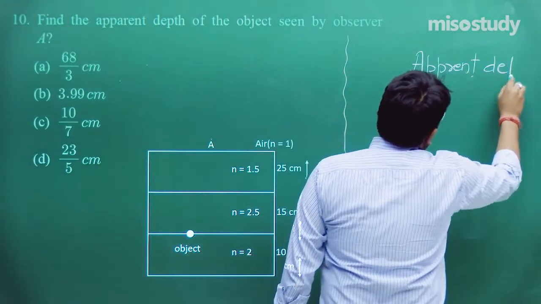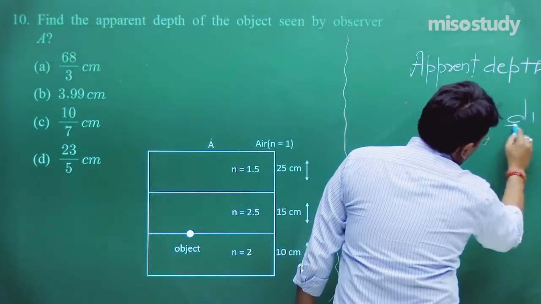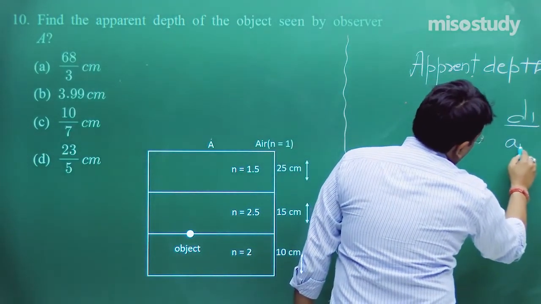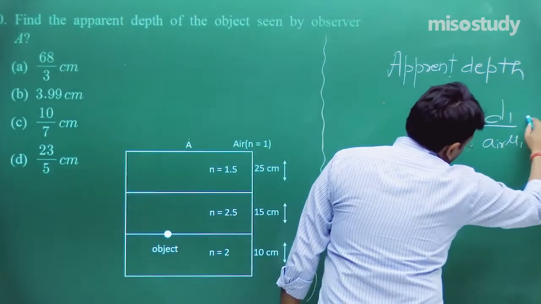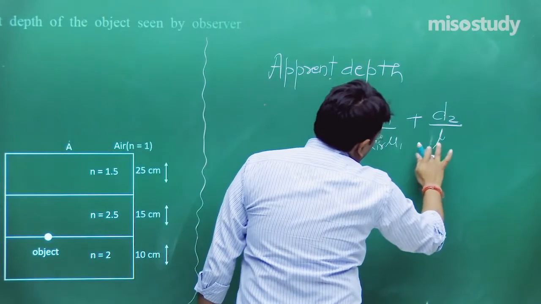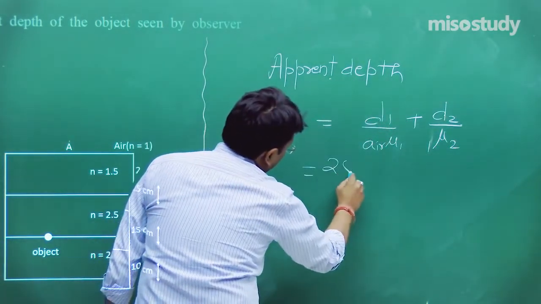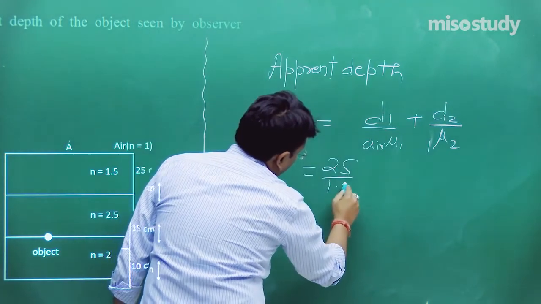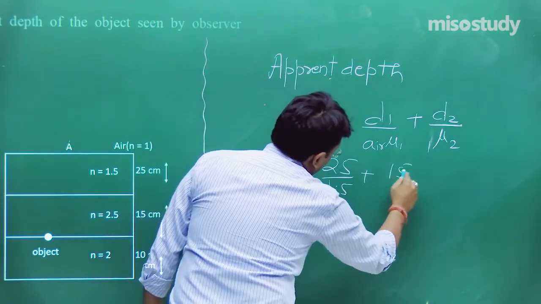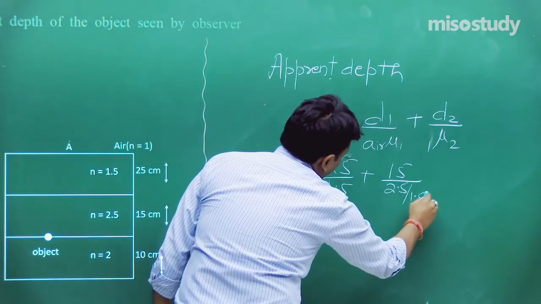depth is equal to d1 upon mu1 plus d2 upon mu2. Fine. Put the values, that is 25 upon 1.5 plus 15 upon 2.5 divided by 1.5.